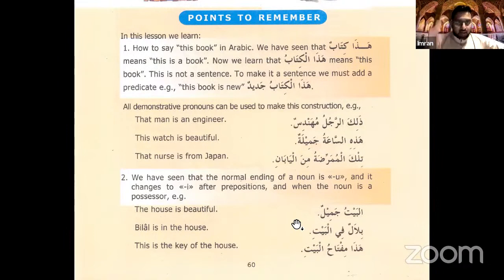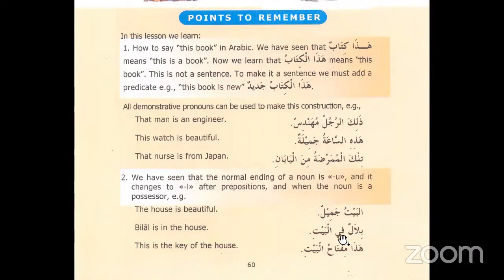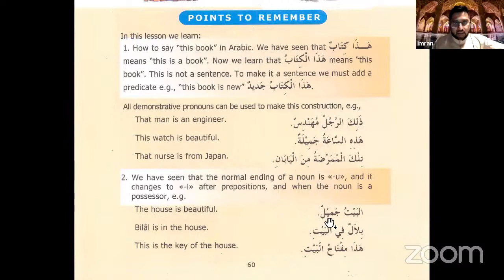Okay, let me explain. Now, al-baytu jamilun. In the English language, for example, if I say the boy is walking or the boy is standing, when there are 2 nouns in English, we call those sentences of subject and predicate. And so here, jamilun has a dhamma tanween.